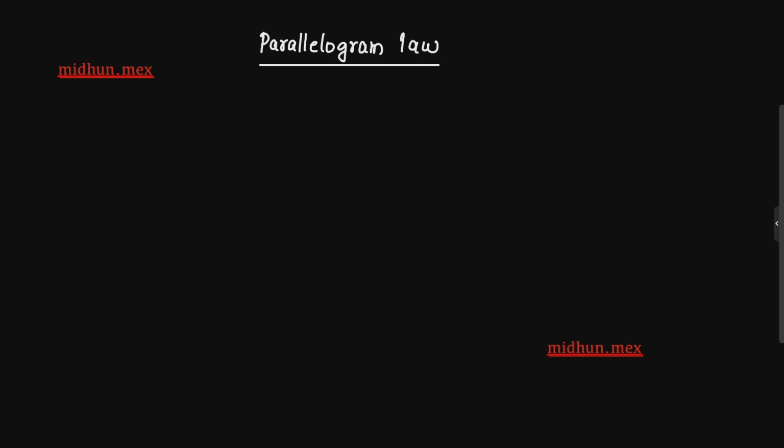So according to our derivation, you will be having a vector A. Let us say this is your vector A, and you will be having another vector. Let us say this is your vector B. If you want to apply parallelogram law, you have to join tail to tail.